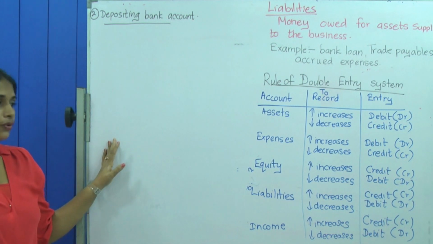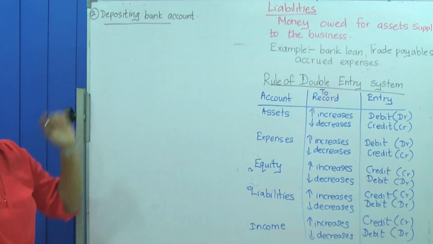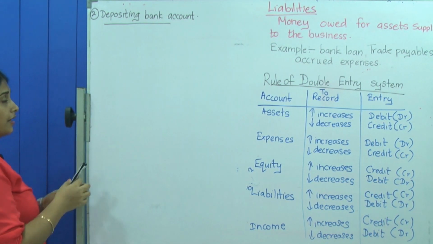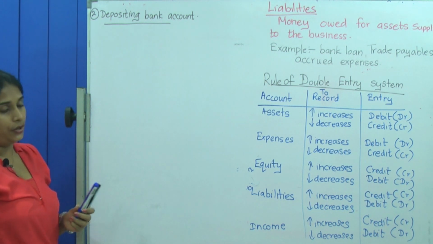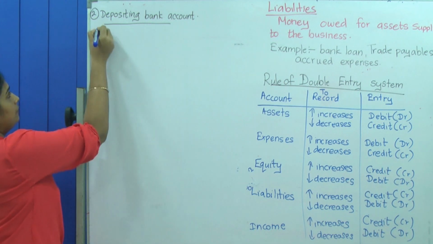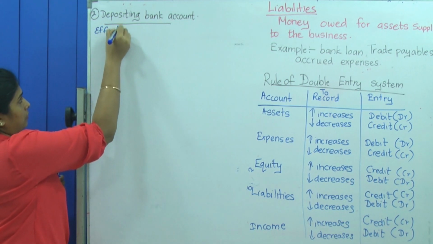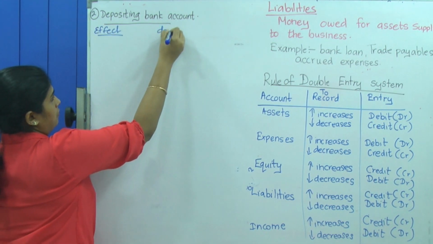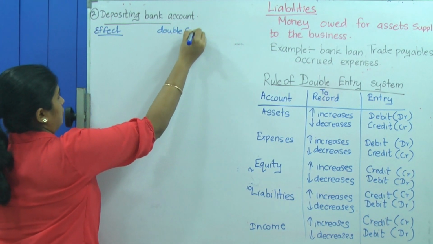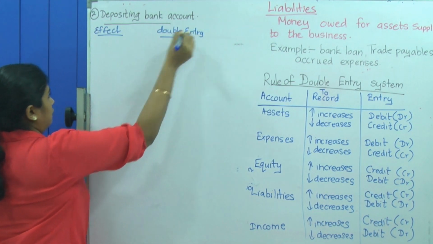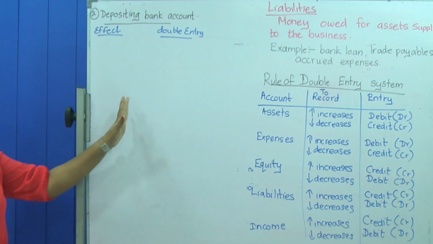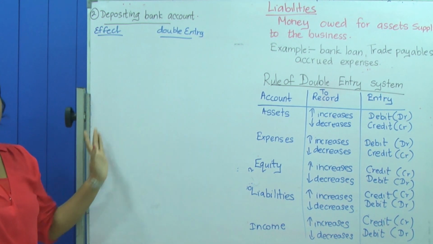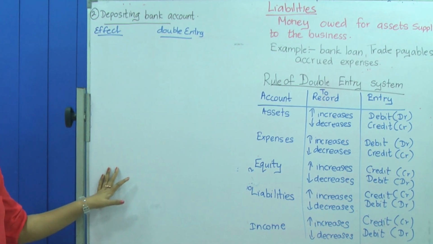So if you want to use checks, you need to have a bank account. So now we'll see when you start a bank account or when you deposit in a bank account, how does it affect? Now, like the earlier example, Judy started a business investing 10,000 cash.